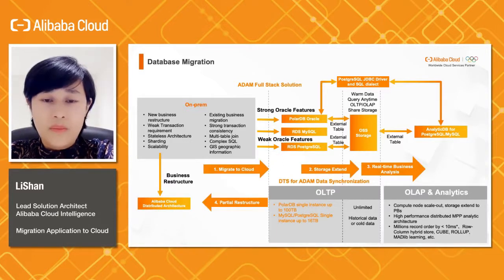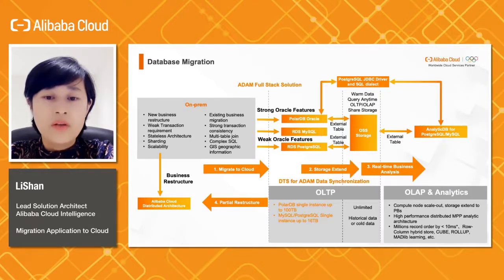Database migration. Alibaba Cloud provides more than 20 services and tools covering OLTP, OLAP, NoSQL, and database management pillars. As we see, this is one of the solutions. If your data uses strong Oracle features, you could migrate to PolarDB Oracle.